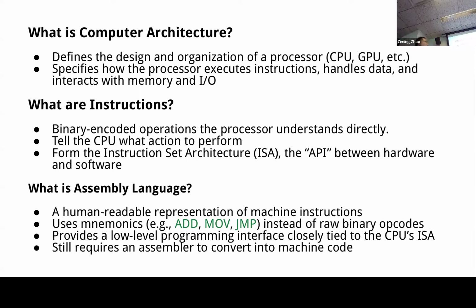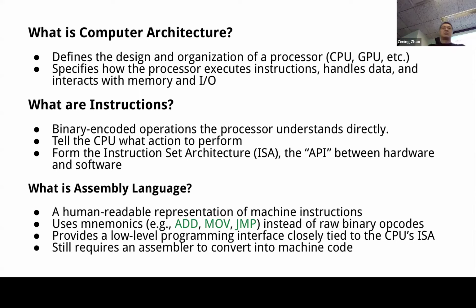Those processors execute something we call instructions. They expose an API we call instructions. Software will issue instructions to those processors, GPUs or CPUs. Then the processors will do some computation, handle some data, and also interact with other devices on your personal computer or data center computer.